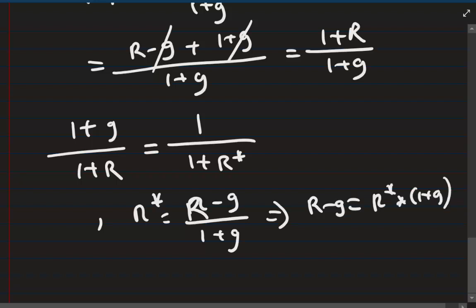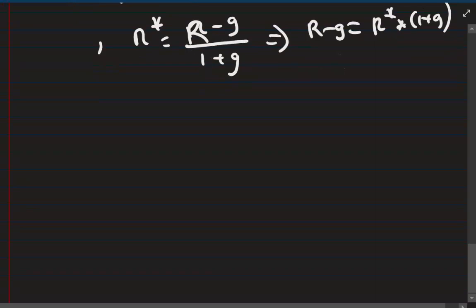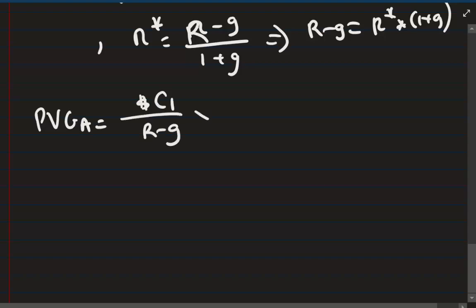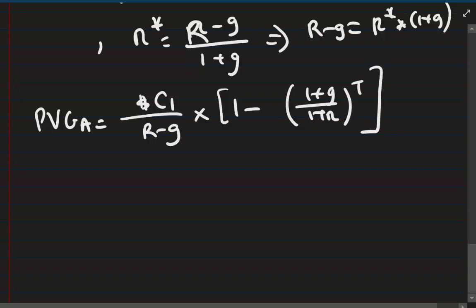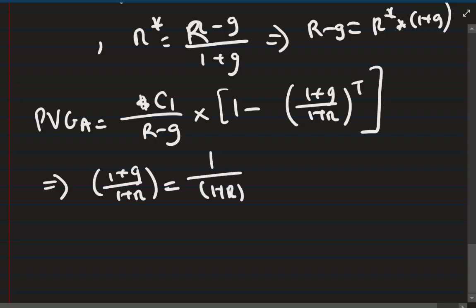The present value of a growing annuity is $C1 over R minus G times 1 minus (1 plus G over 1 plus R) raised to the power T. Well, 1 plus G over 1 plus R is equal to 1 over 1 plus R star. R minus G is equal to R star times 1 plus G.